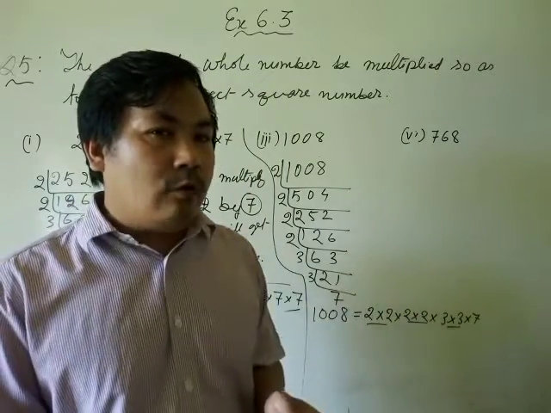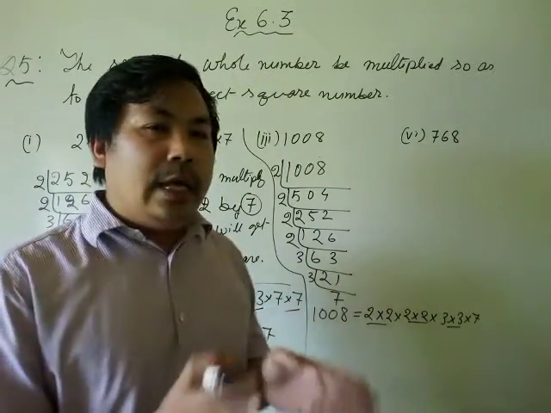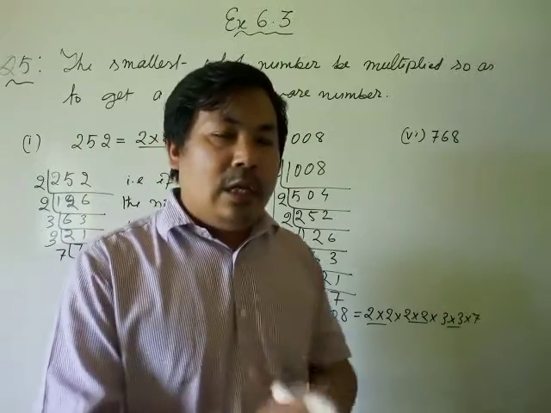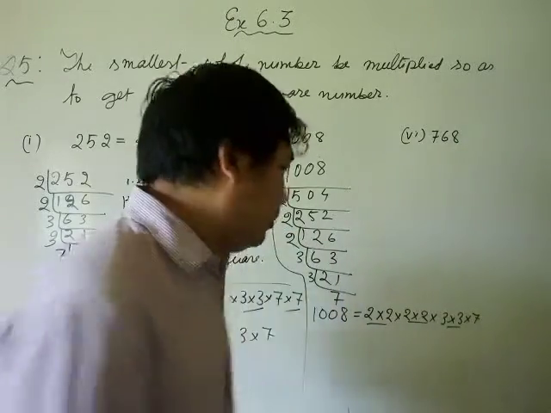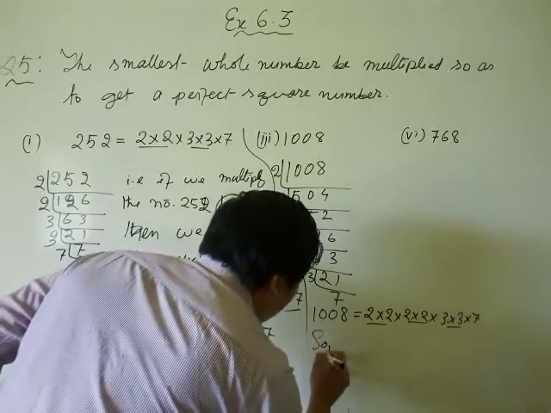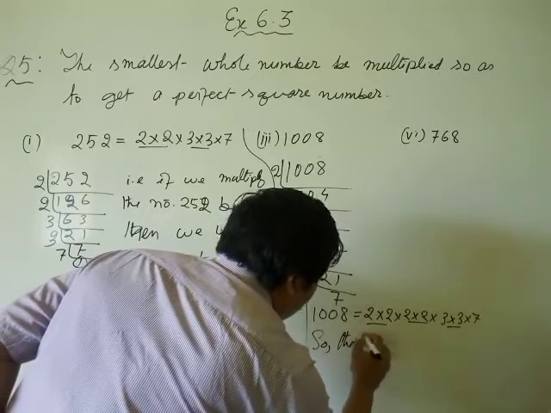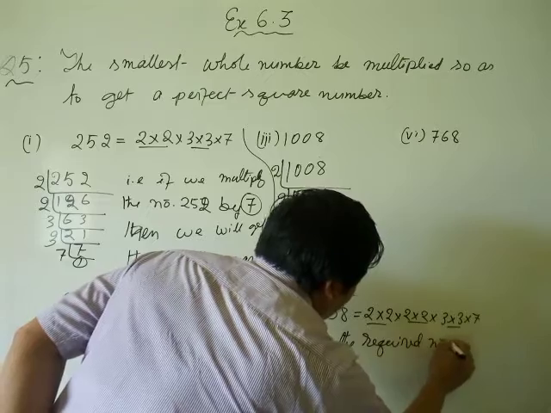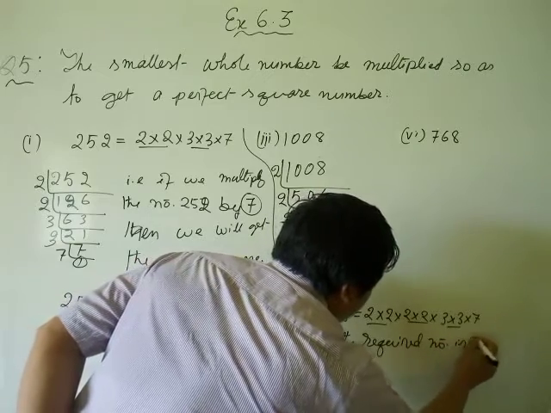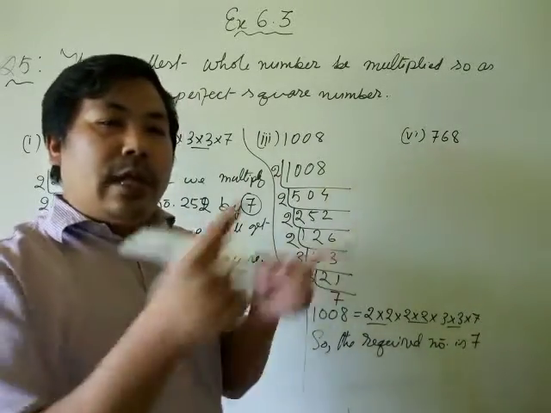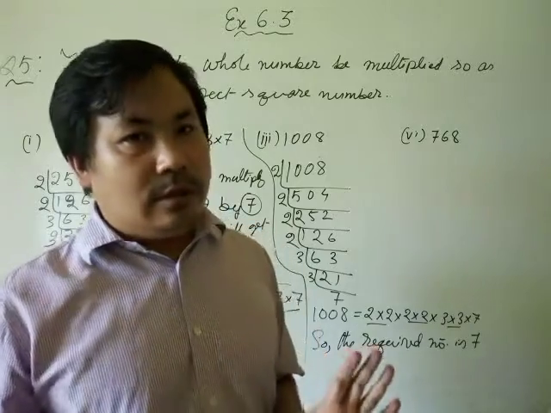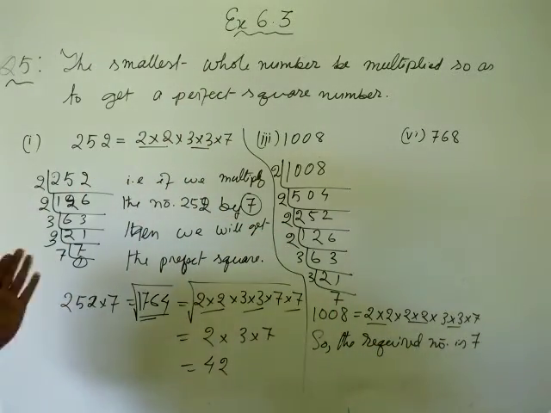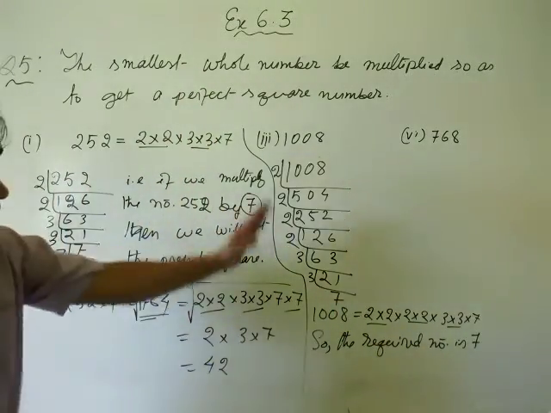So to make the perfect square, we have to multiply by 7. So the required number is 7 to multiply to the number to get the perfect square. That's all.